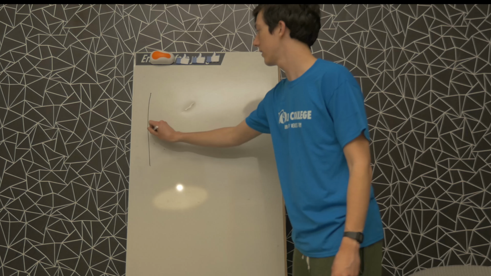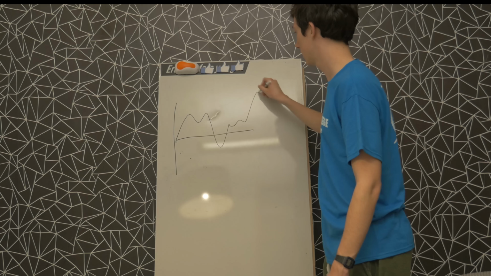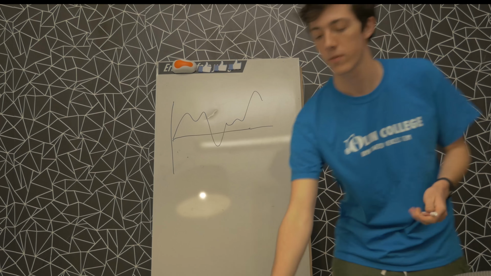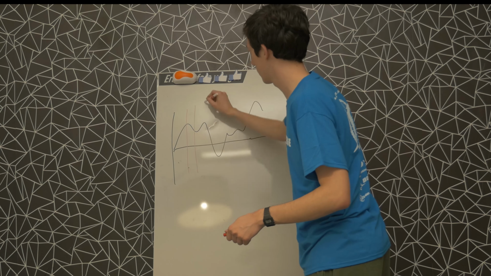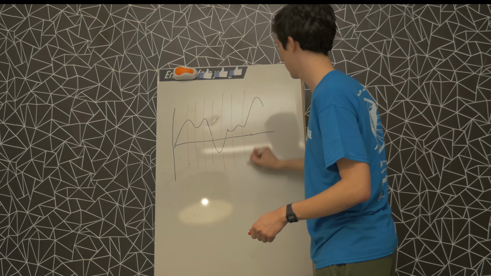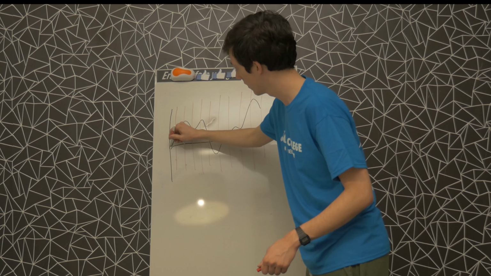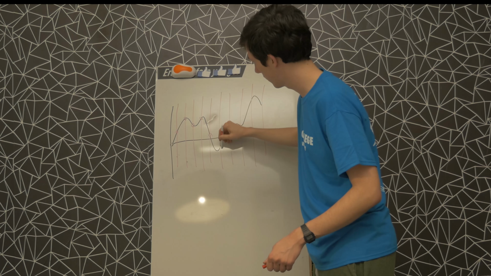So if we have here a sample of an audio file, it looks something like this, complex. The way that sampling works is that we take equal time steps and then we measure this value at each point.